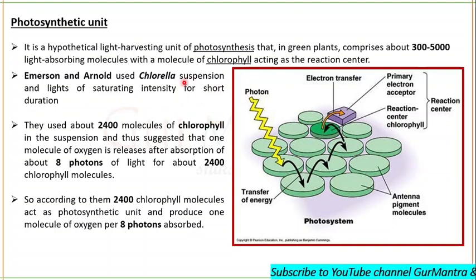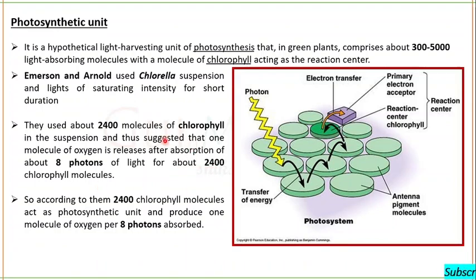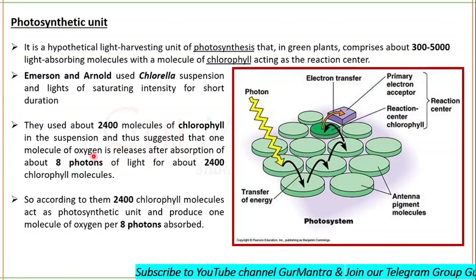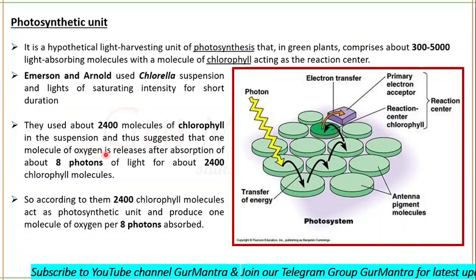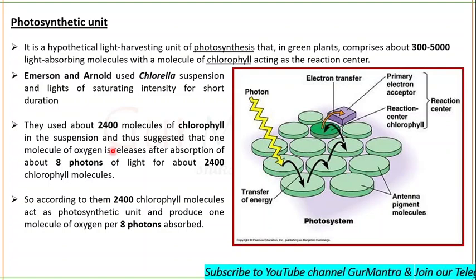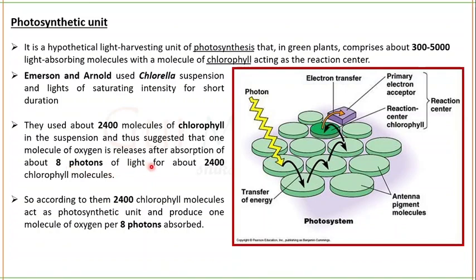And by doing all this, they concluded that for about 2400 molecules, there is absorption of 8 photons for every single molecule of oxygen. It means that for the release of one oxygen molecule, there is a need of about 8 photons of light for about 2400 chlorophyll molecules.